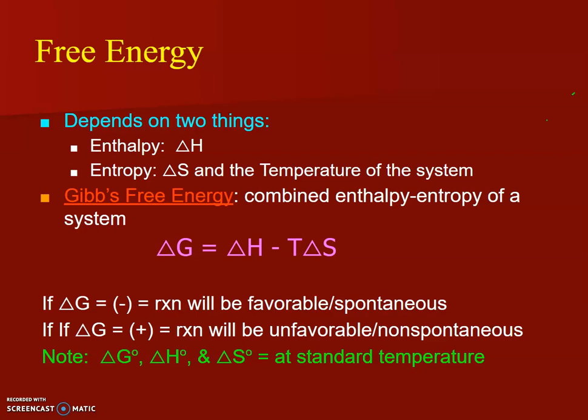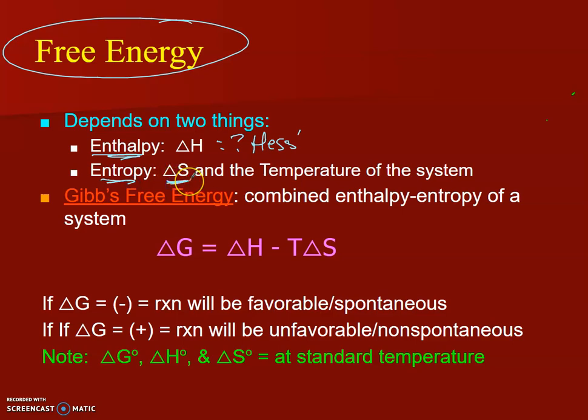So we refer to this as Gibbs Free Energy. Okay, it depends on two things: the enthalpy, the delta H of the reaction, which we went over in Hess's law in the previous videos, and the entropy, which is determined by delta S, also in an appendix table, and the temperature of your system at that situation.